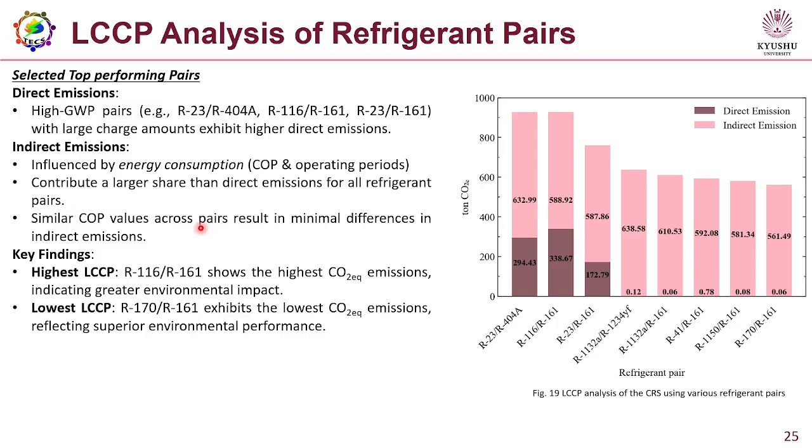The following graph represents the LCCP results, and we can see that only the high GWP refrigerants are producing the direct emissions. The key findings were that R116 and 161 show the highest CO2 emissions, whereas R170 and 161 exhibit the lowest CO2 emissions.